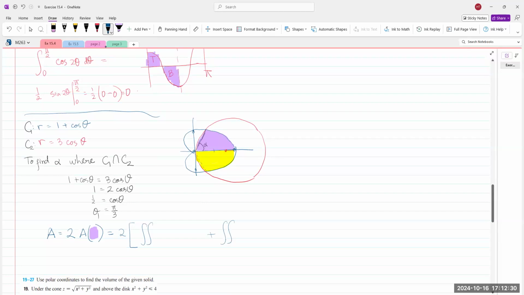The first double integral is the one under the cardioid. This is the first part. And then the second part is the one under the circle.